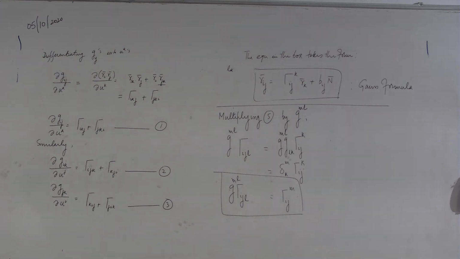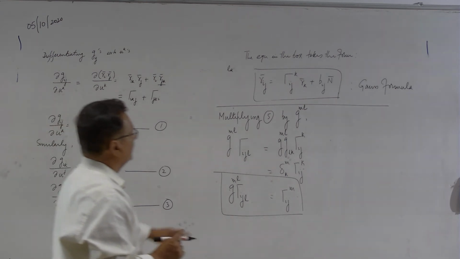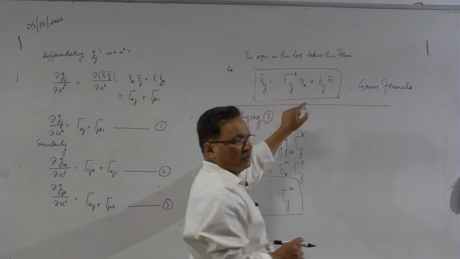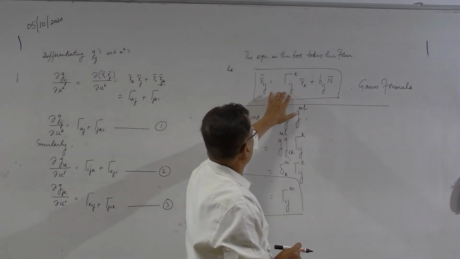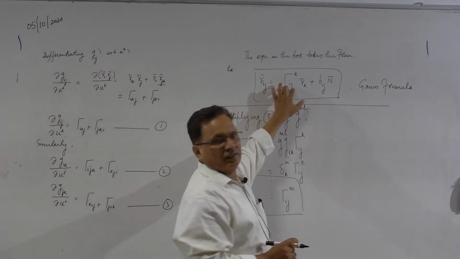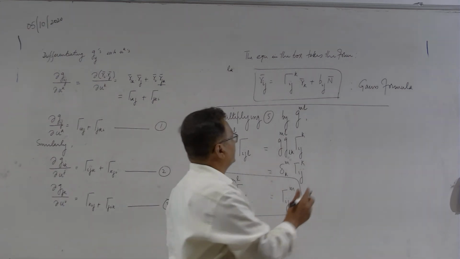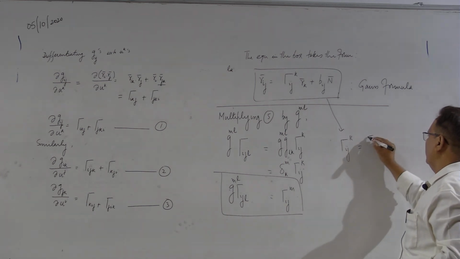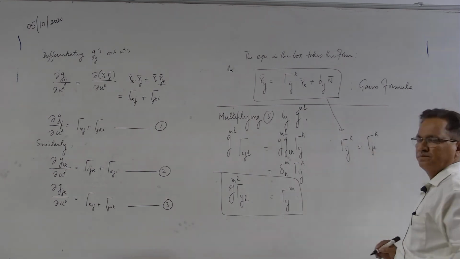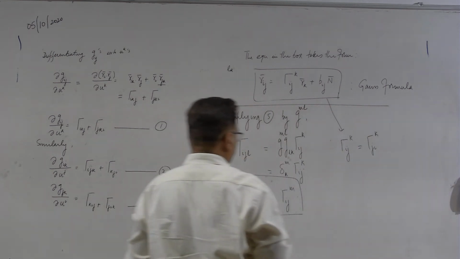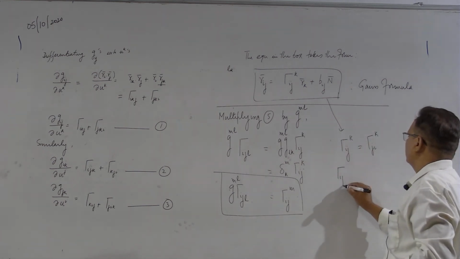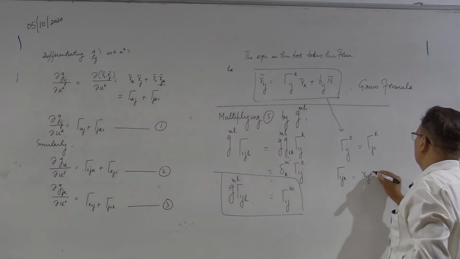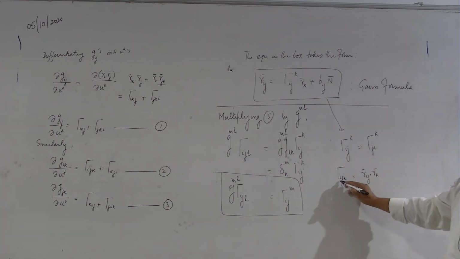Before I proceed further, one thing I forgot to mention is that the Christoffel symbol of the second kind also has 3 indices, 1 superscript and 2 subscripts. If you look at the Gauss formula, it shows that it is symmetric in the subscripts. You can interchange i and j. So what follows directly is that Γ^k_ij is the same as Γ^k_ji. Similarly, the Christoffel symbol of the first kind, defined as [ij,k] equal to r_ij dot r_k, is also symmetric in i and j.